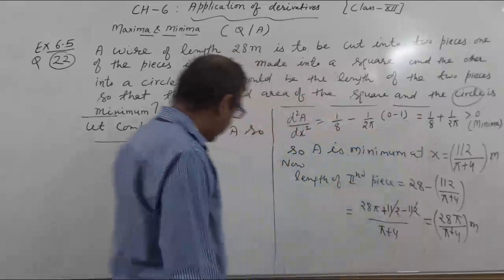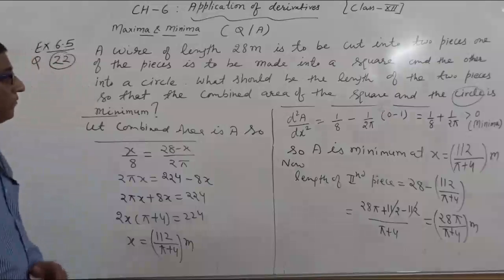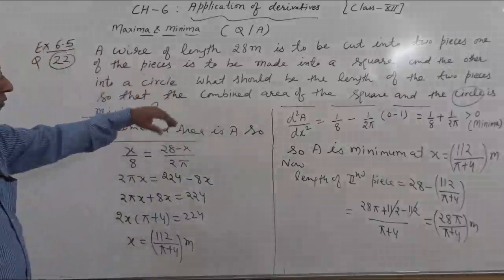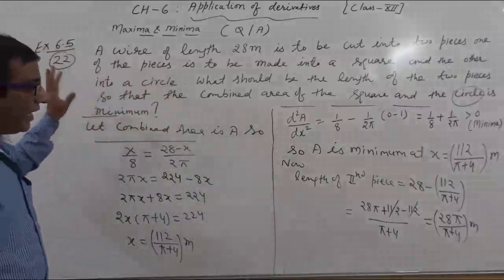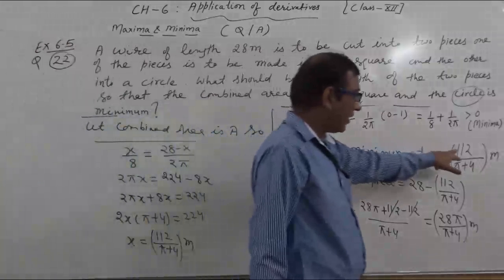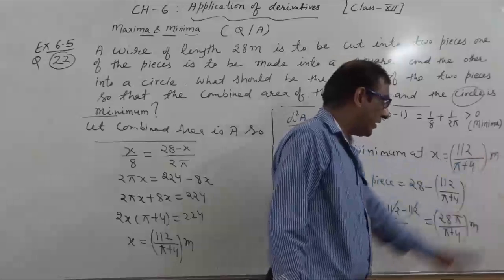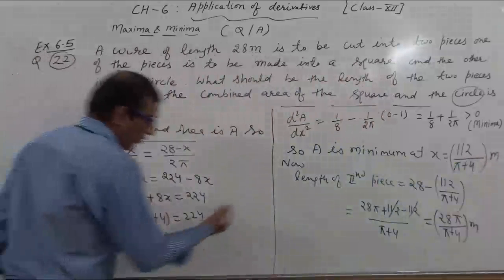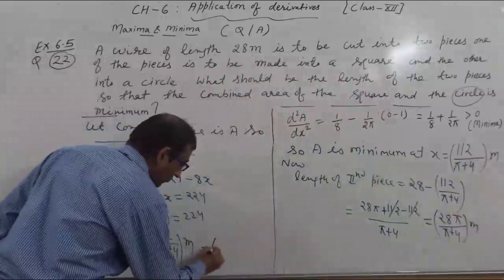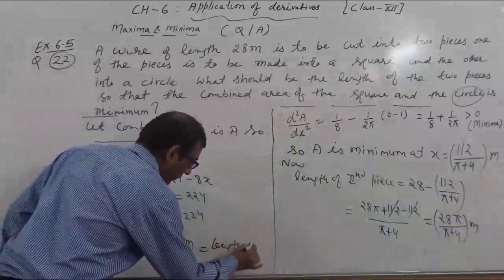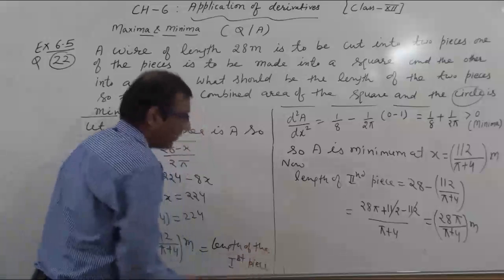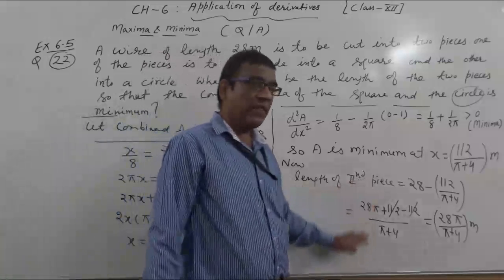It means in this question we can say the combined area of the square and circle is minimum at x equals 112 upon pi plus 4 meter, and this is the length of the first piece, and this is the length of the second piece.